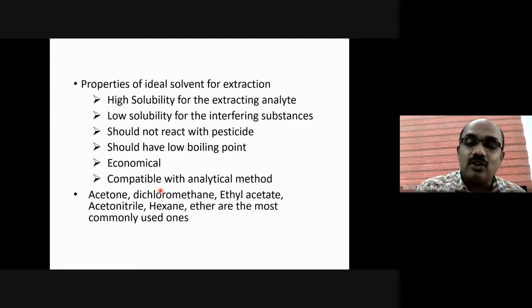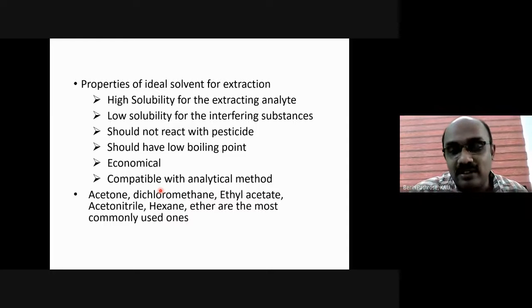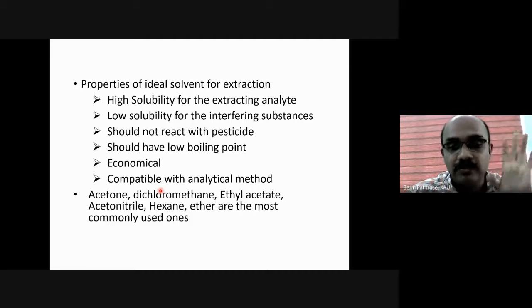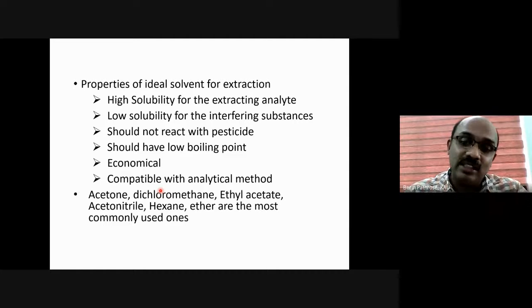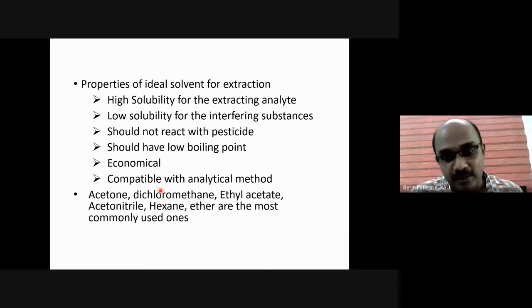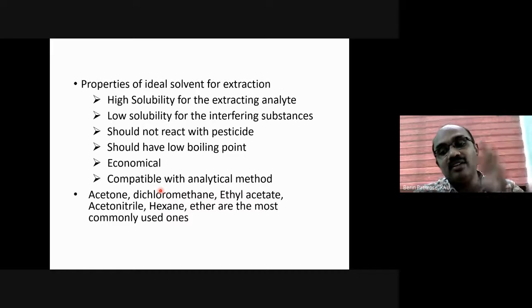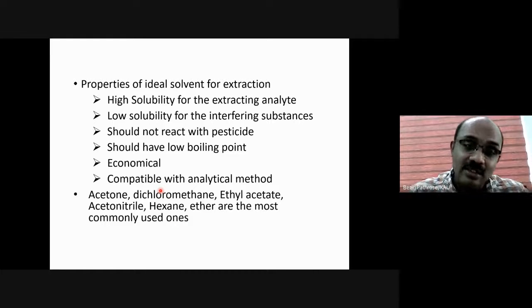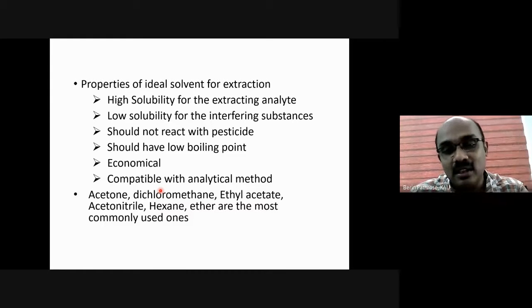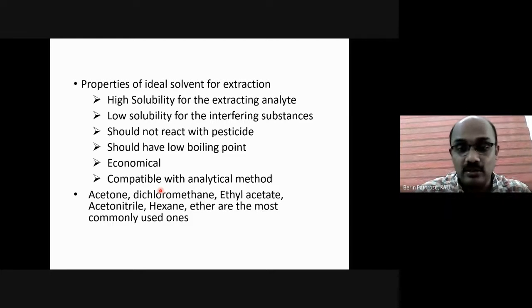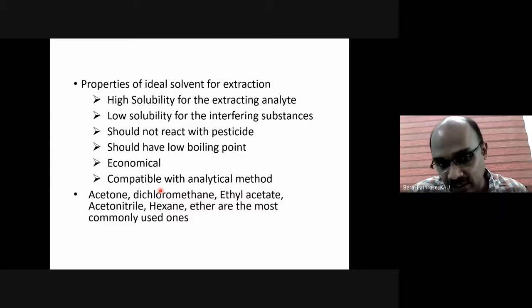So if your solvent extracts all those chemicals present in the sample itself, then it will affect your analysis. It will interfere. So our solvent should have high solubility towards the pesticide and low solubility towards the interfering substances, that means the chemicals present in the commodity. And it should not react with the pesticide. That means the pesticides should not get degraded.